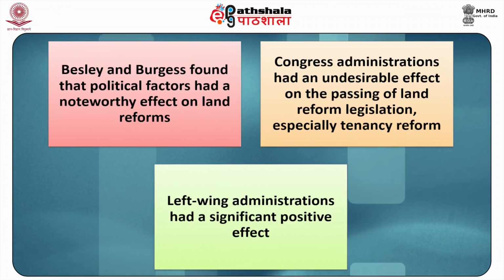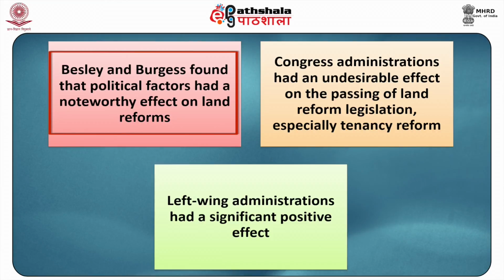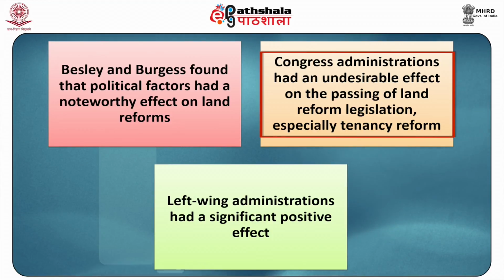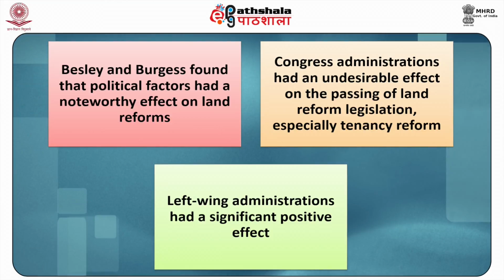Besley and Burgess in 2000 found that political factors had a noteworthy effect on land reforms. Particularly, Congress administrations had an undesirable effect on the passing of land reform legislation, especially tenancy reforms.